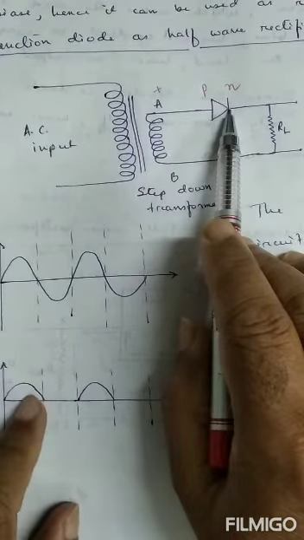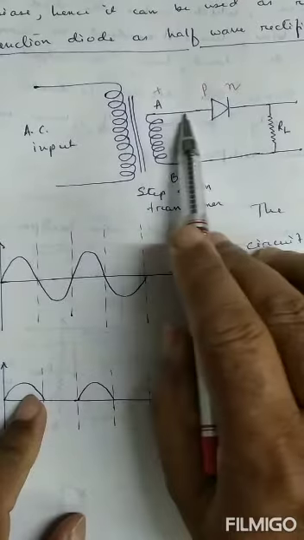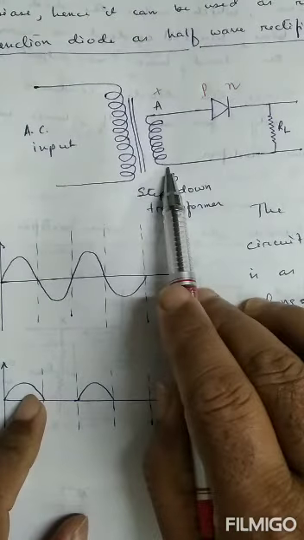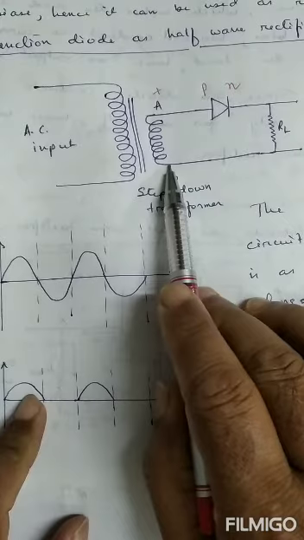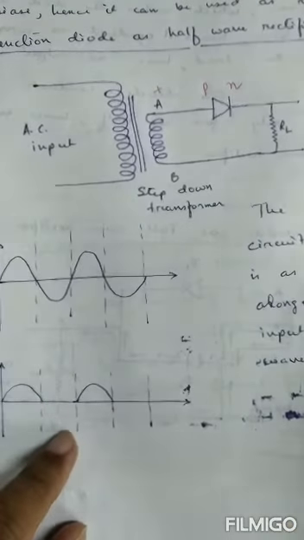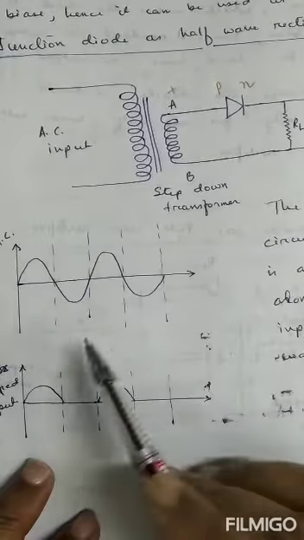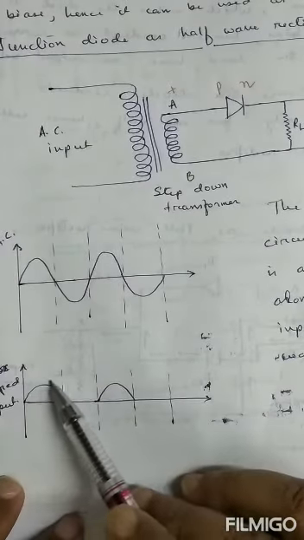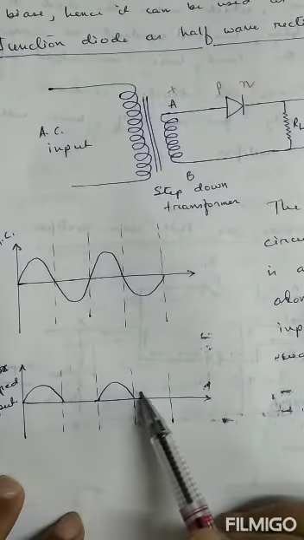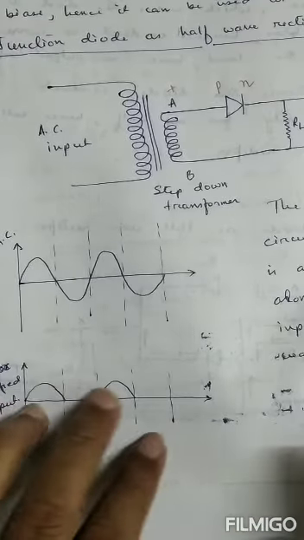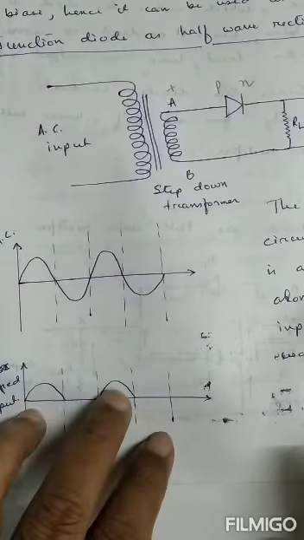That means whenever current flows through the load resistance, it always flows in this direction. This unidirectional property is called the rectification process. Then you may say one thing. Here the output is pulsating. But with the help of a filter circuit, we may reduce this pulsation.